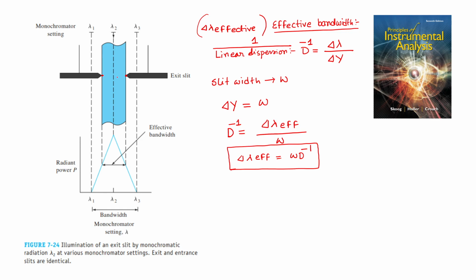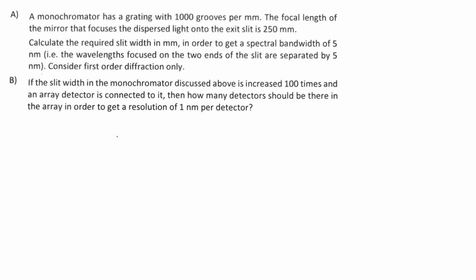This gap is in millimeter, but due to this millimeter gap, our wavelength range is actually going to be 5 nanometer. That is the effective bandwidth of the light we are getting through the exit slit.